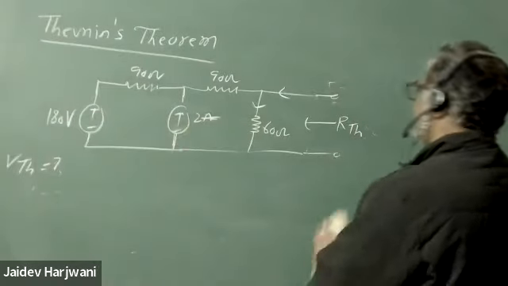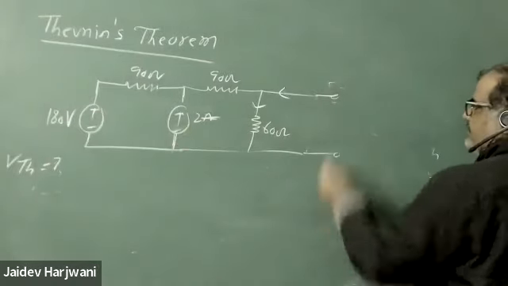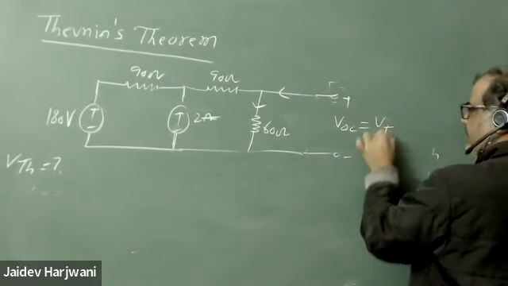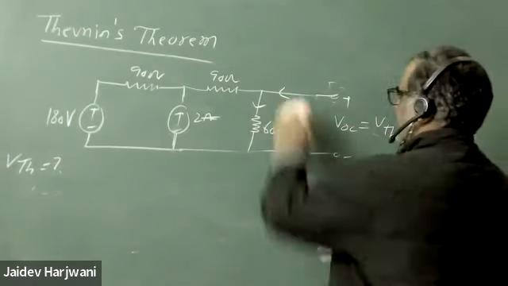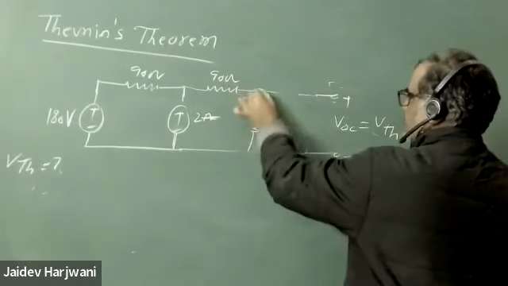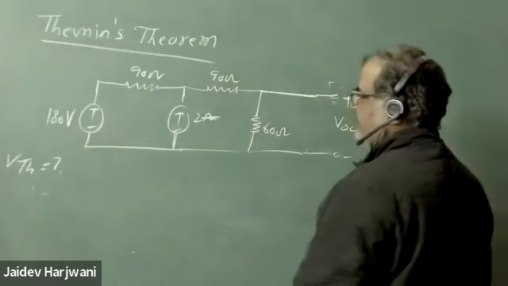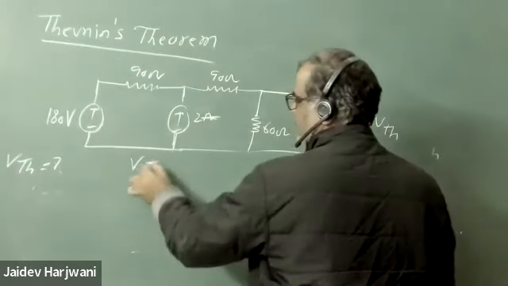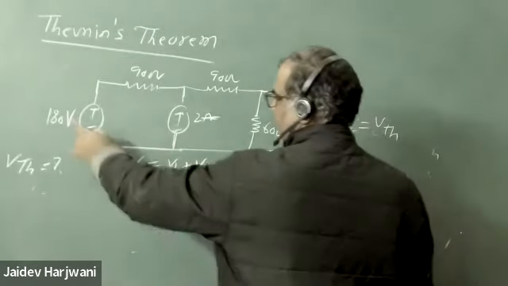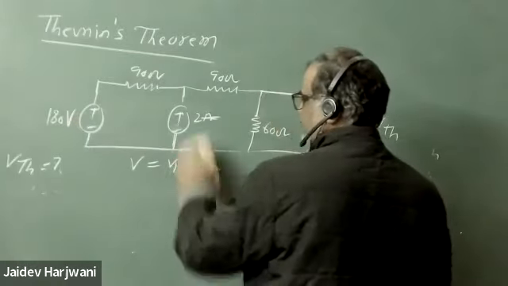Now you need to find the open circuit voltage V open here, and that will be your VThevenin. I take V equals V1 plus V2, where V1 is due to the 180 volts and V2 is due to the 2 amperes.